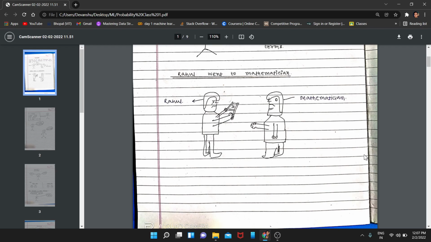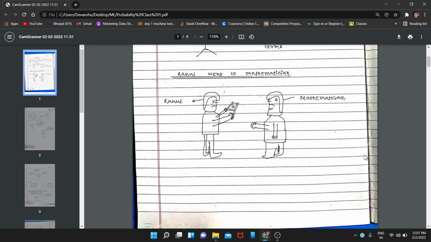We cannot decide what is going to come, but we can give a mathematical numerical value to it and find out the values, but we cannot decide what is going to come.